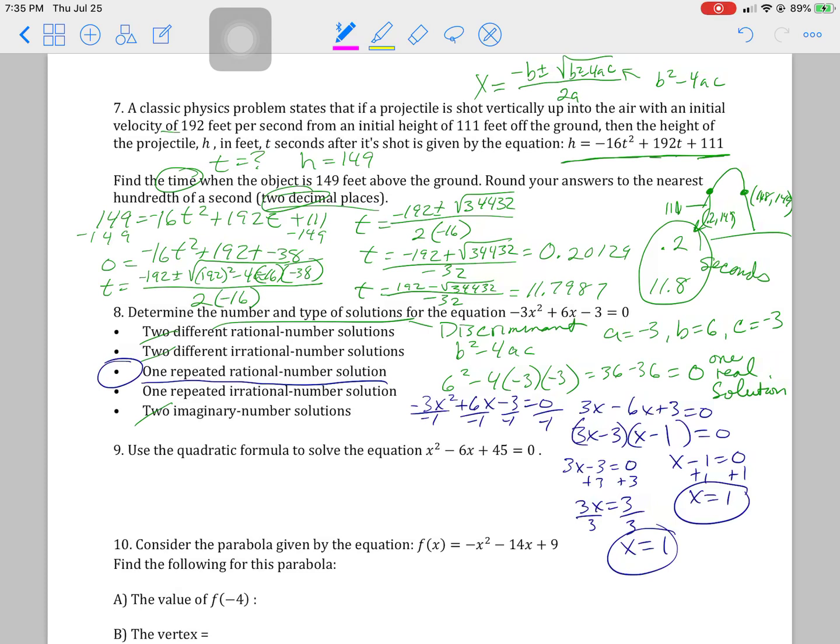So let's see, a is 1, b is negative 6. So x is going to equal negative 6. Don't forget to change the sign to the opposite of b for your quadratic here. Plus or minus negative 6 squared. The square is always going to turn out positive because it's squared.